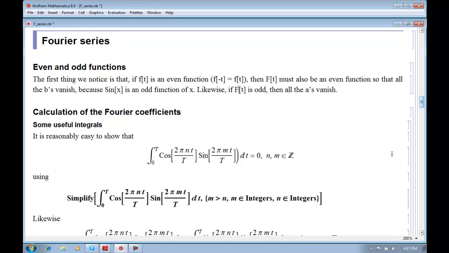It's pretty easy to show that if we take one of these cosine functions and multiply it by a sine function and integrate over a period, then the result is 0, and we can check that using this piece of code, and indeed the result is 0.